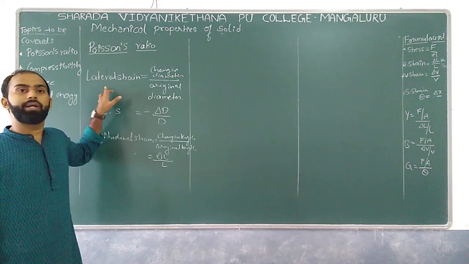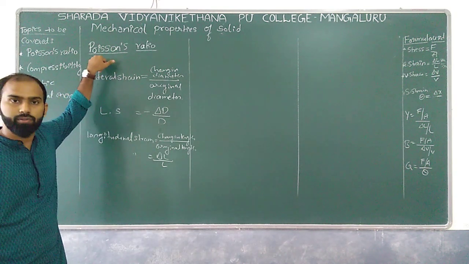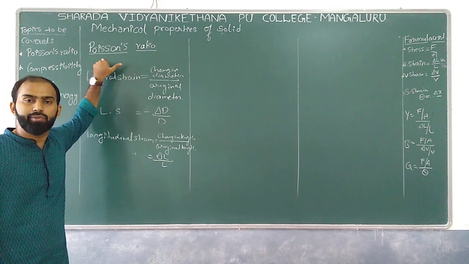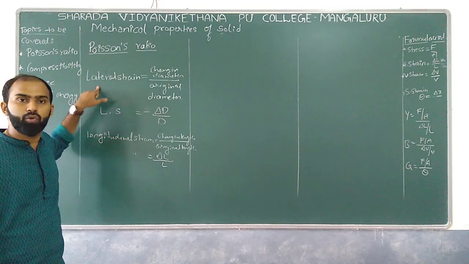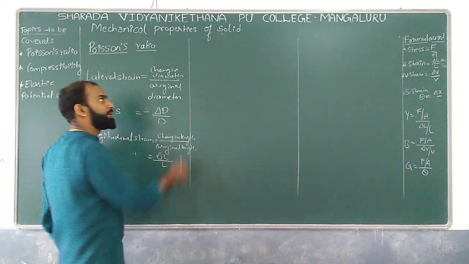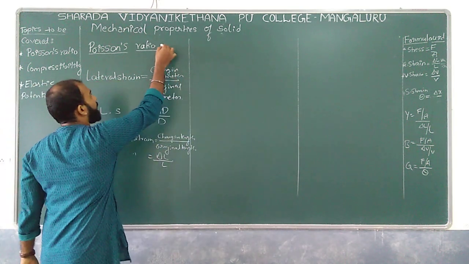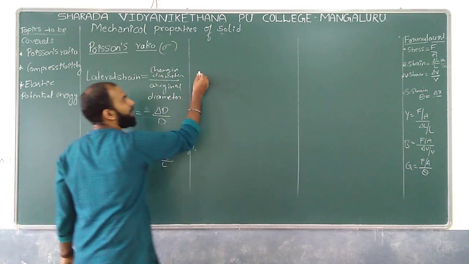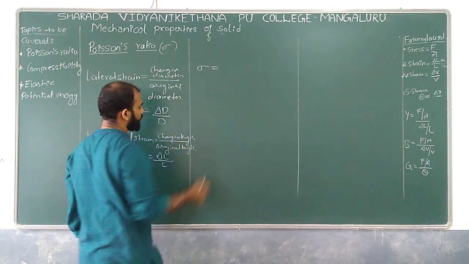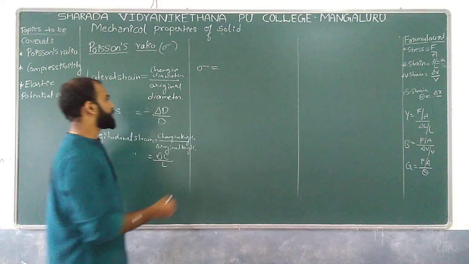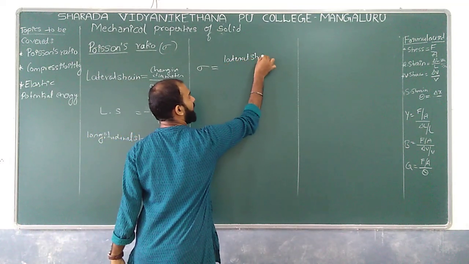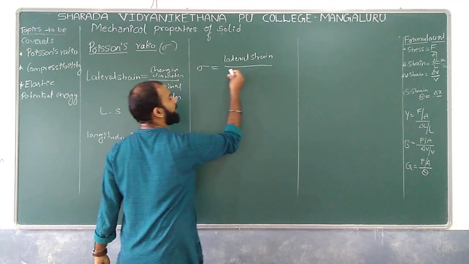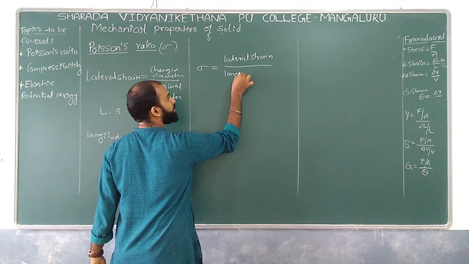Now, your job is to get the Poisson's ratio. Poisson's ratio is the ratio of lateral strain to longitudinal strain. Poisson's ratio is denoted by sigma. So sigma is equal to the lateral strain divided by the longitudinal strain.